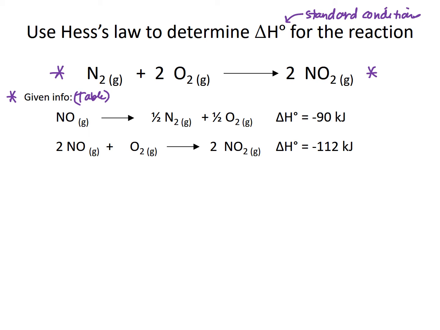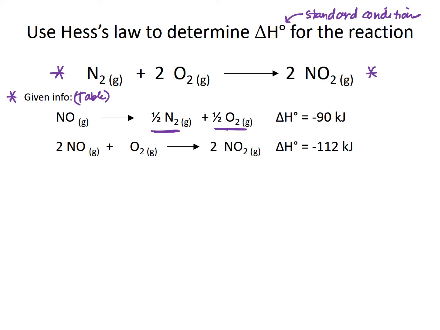When I look at this, I start putting together information that I see in the reaction that I'm trying to find. I'm trying to find a reaction that has N2 in the reactants, O2 in the reactants, and NO2 in the products. So when I'm looking at these reactions, I try to find products and reactants. First thing, NO is not in my original reaction. That's okay, but N2 is and O2 is.